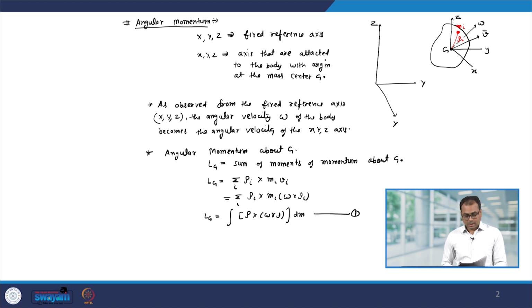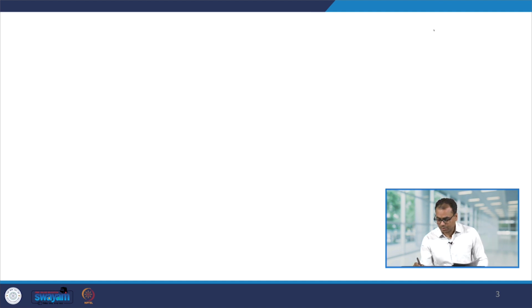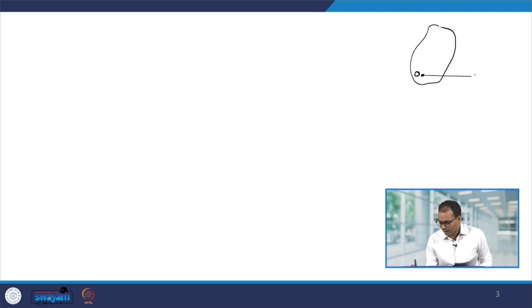Now, suppose instead of rotating about G, let us say the body is making a fixed axis rotation. So, the same scenario, I have this rigid body and let us say it is making a fixed axis rotation about O. Then again we have capital X, Y and Z axes, and then we have small x, y, z which are fixed with the body.